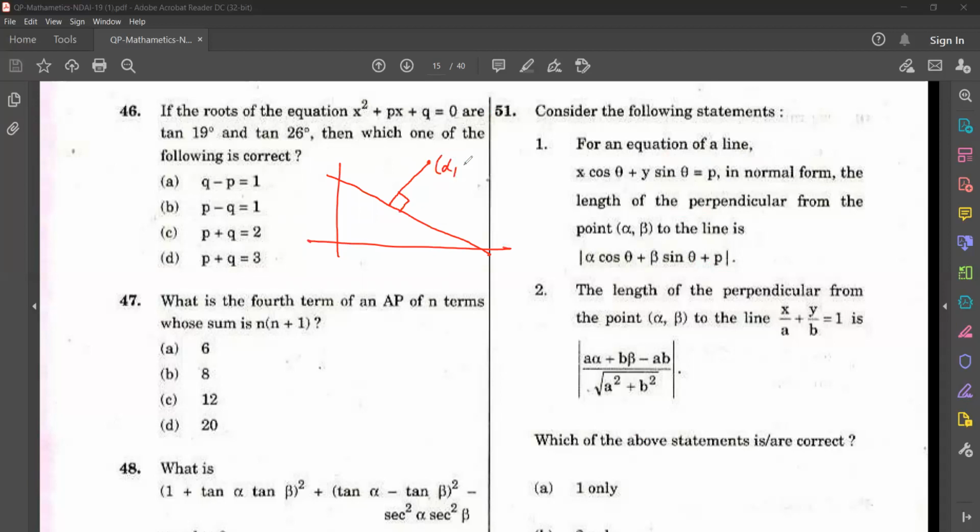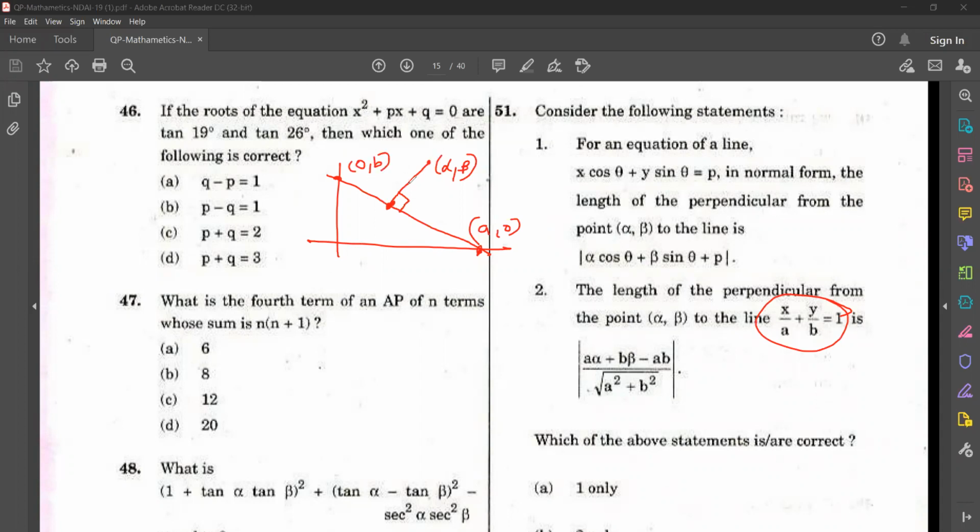X by a means a is the x-intercept, a comma 0. So this is given in intercept form, isn't it? This form is known as intercept form. Then this point is 0 comma b.